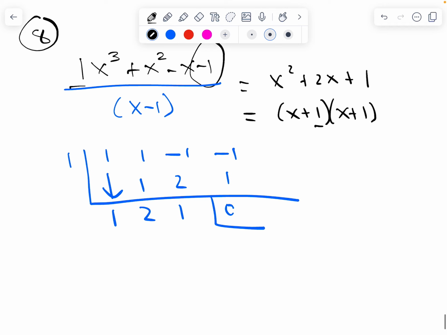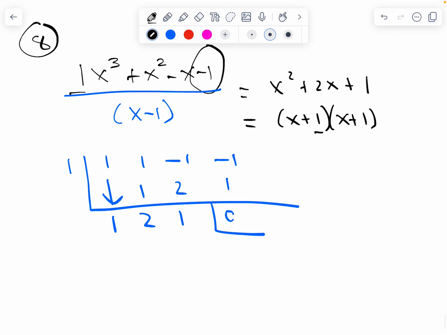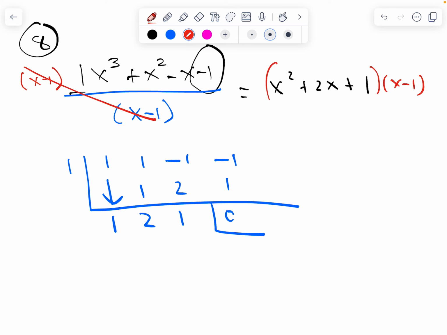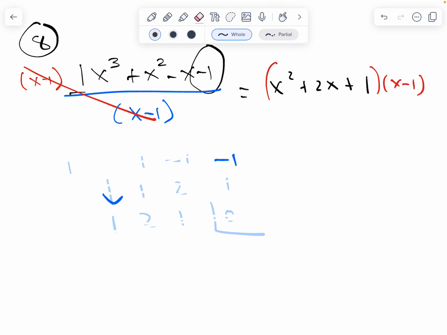So that means the full factorization of this polynomial, let me write it this way. At this stage, I can multiply both sides by x minus 1. When I do that, that cancels out, and I end up with this all by itself.